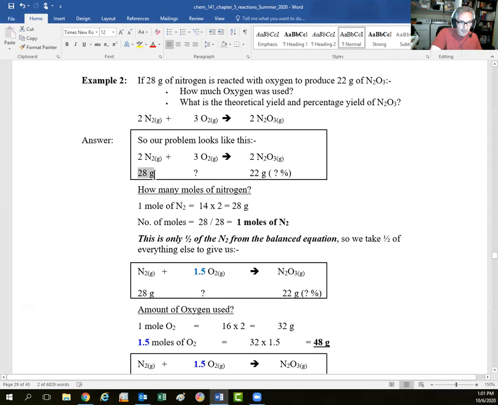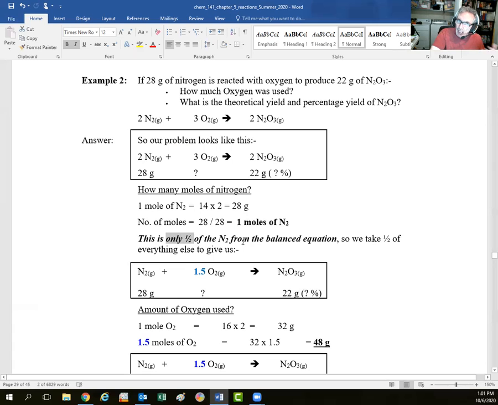So 28 grams of nitrogen, of course 1 mole of nitrogen gas N2, would be 28 grams, and that's the mass we have. So we have exactly 1 mole. Now the reaction normally uses 2 moles. So 1 mole is just half the loading, 50%.